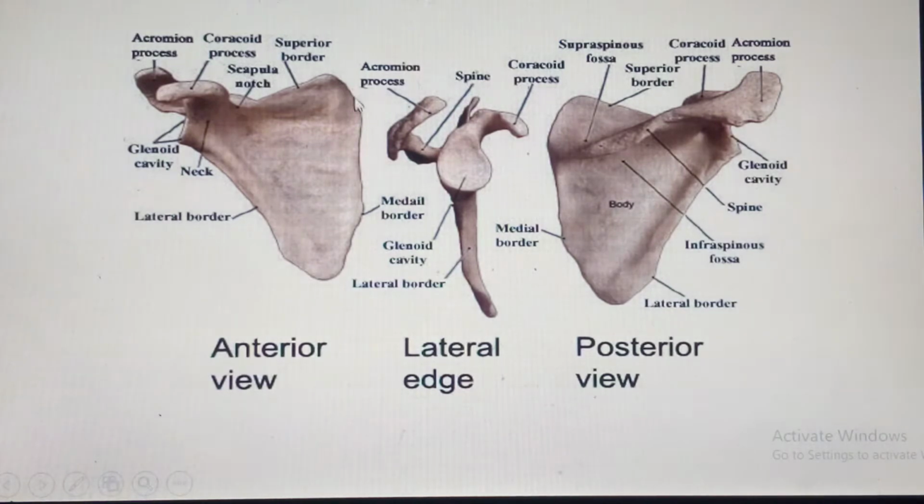Now, I told you about the medial border of the scapula, that at its dorsal aspect or its posterior aspect, 3 muscles are going to insert there. Now, at its ventral aspect, or at that side which is related to the ribs, and therefore we can also call it the costal aspect, this area will be providing the insertion for what we call serratus anterior muscle.